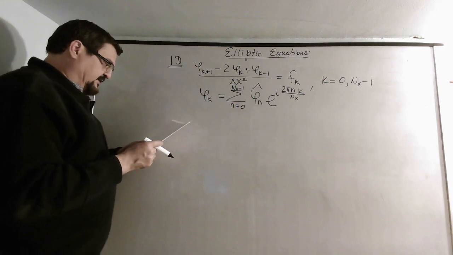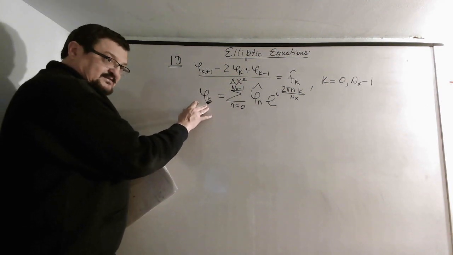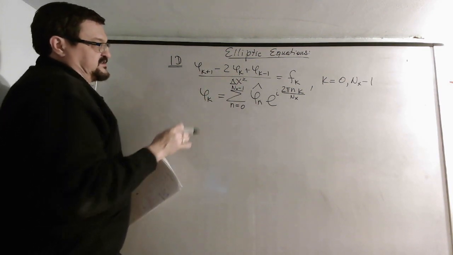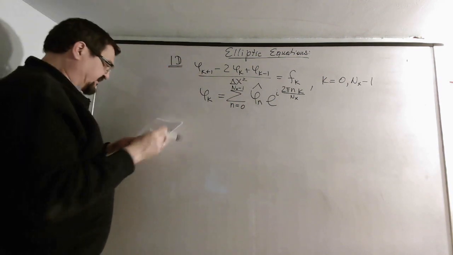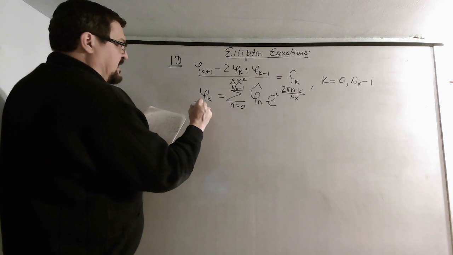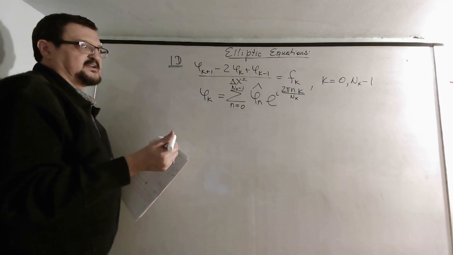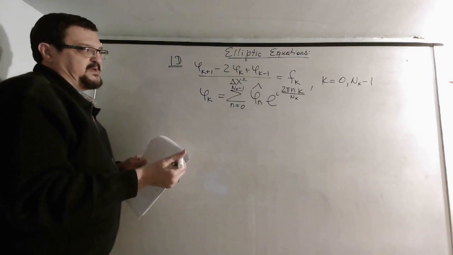Now let's substitute this solution into our finite difference approximation. What we get is like what we did when we considered stability analysis using the von Neumann method.